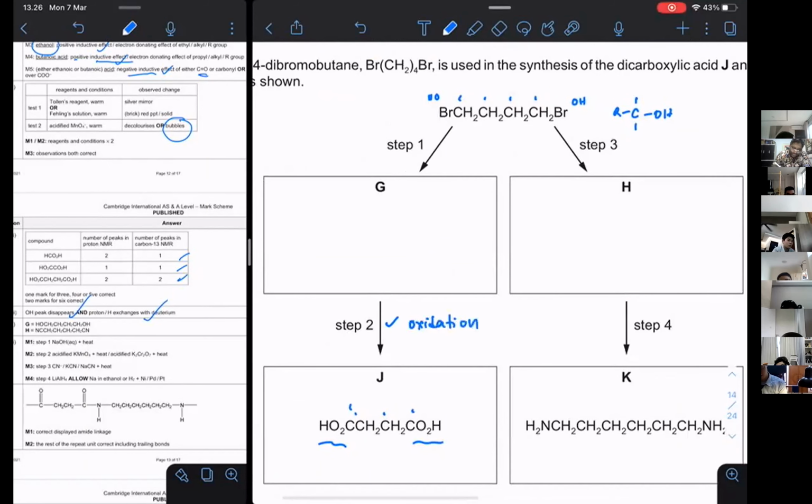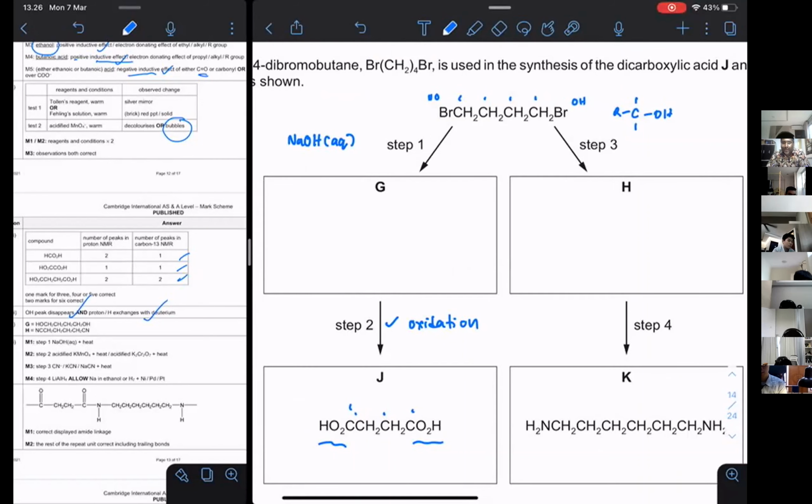So what I need to do in step number 1 is change the halogenoalkane to OH. This is going to be a nucleophilic substitution reaction. So you react with NaOH. You do not use ethanolic condition, so it's just NaOH, because if you use ethanolic condition, then you are going to have an elimination reaction, and we don't want that.